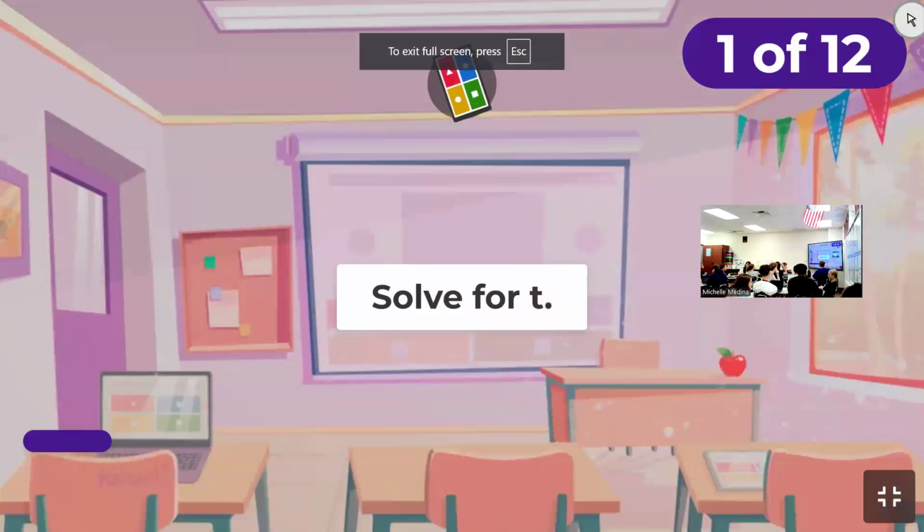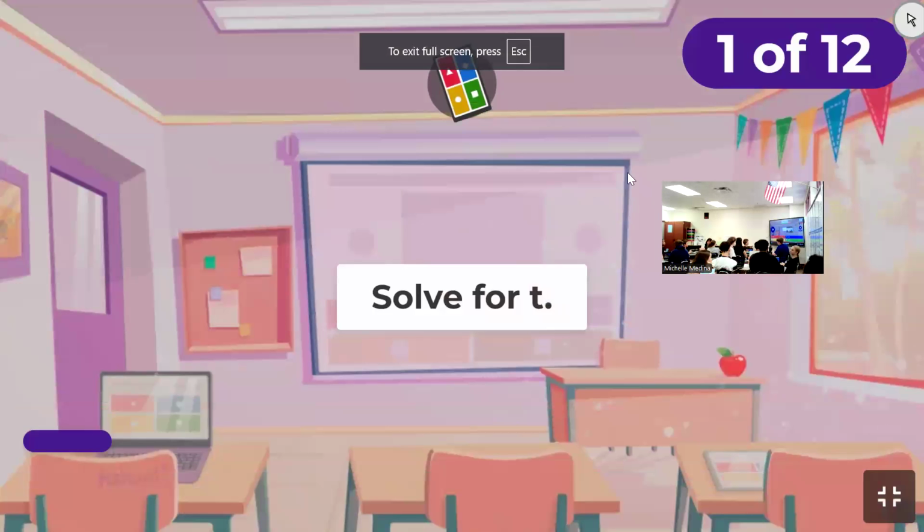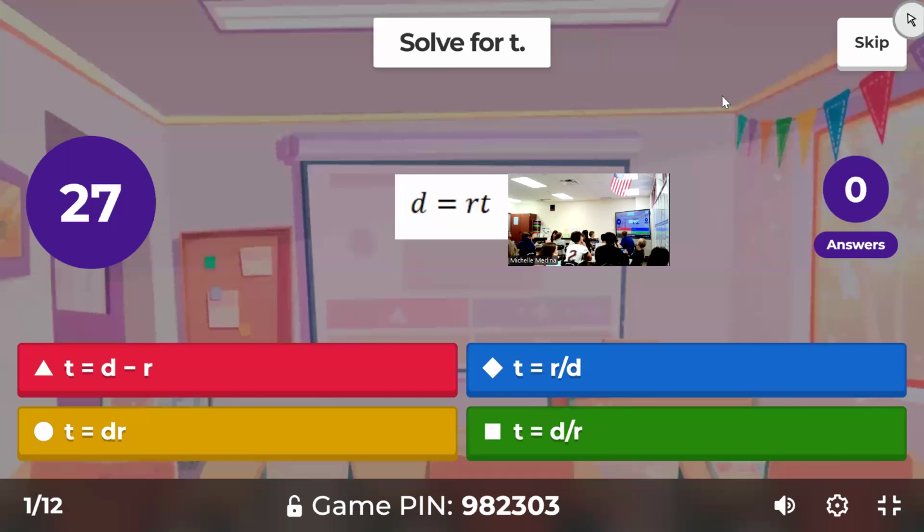Okay, so in this one, you're solving for T, so rearrange it to solve for T. I'm gonna freeze it so I can play around with the zoom, but just know you only have 18 seconds.